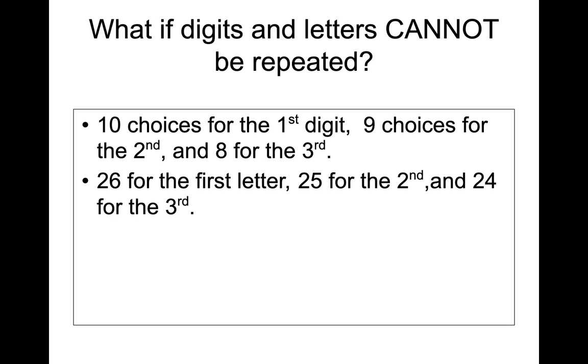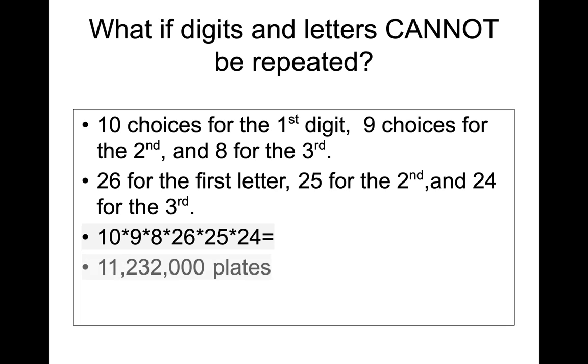I have 26 choices for the first letter, 25 for the second, 24 for the third. So that's how it changes, and I would multiply that all out. And you can see if I can't repeat digits and letters, that brings my number of combinations down to 11 million. So the fundamental counting principle is when you simply multiply the number of different choices you have, and that gives you the total number of combinations possible.